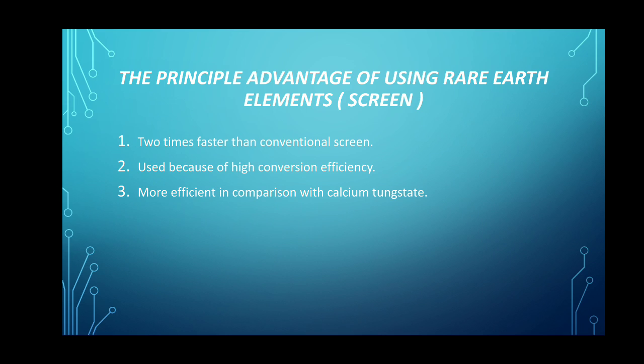The principal advantages of using rare earth elements: they are 2 times faster than conventional screens, used because of high conversion efficiency, and more efficient in comparison with calcium tungstate.